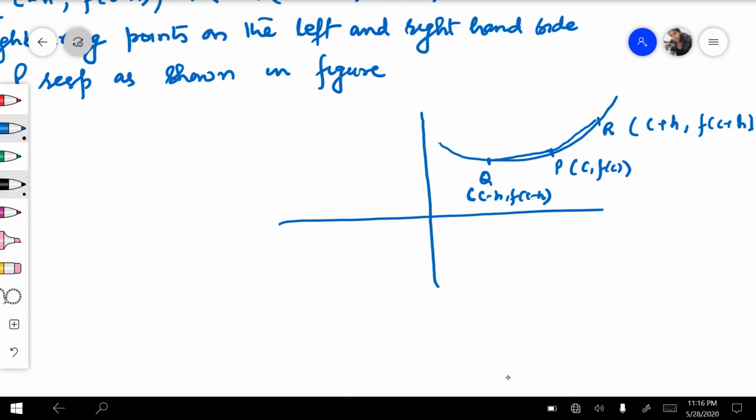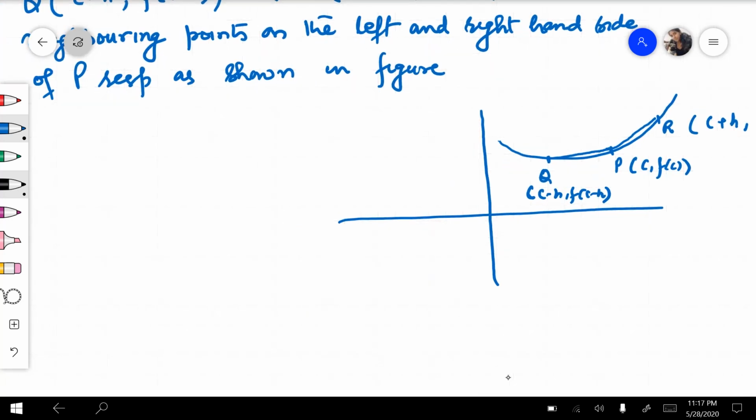Now you can see the figure. This is point P with coordinates c and f(c), and R is in the right neighborhood of P with coordinates c plus h and f(c plus h), and Q is a point in the left neighborhood of P with coordinates c minus h and f(c minus h).